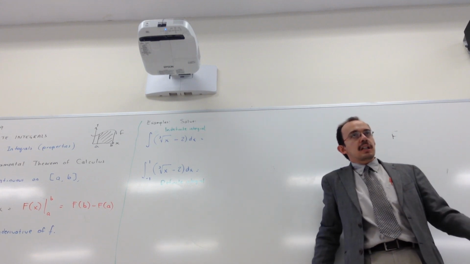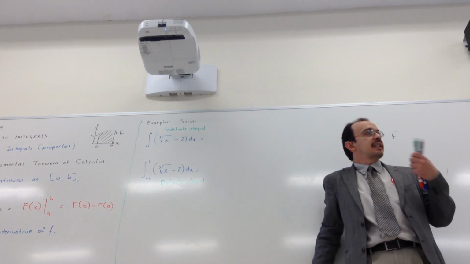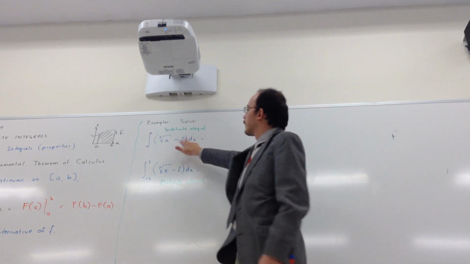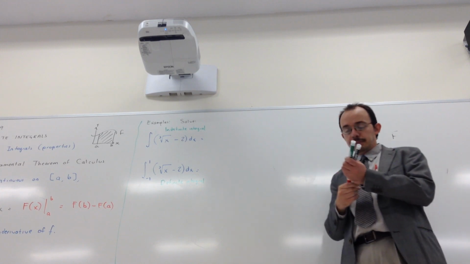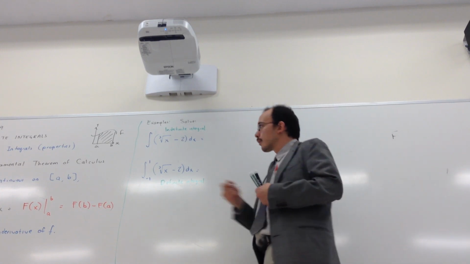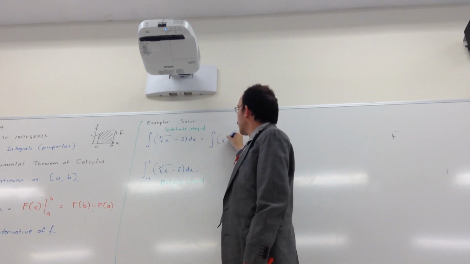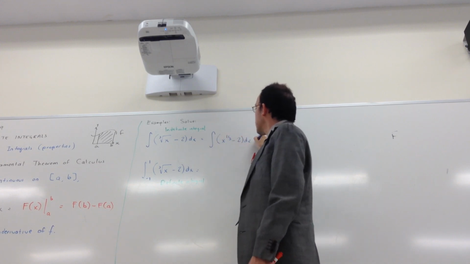And how do I solve that? The same way we have done so far, with the techniques, with the rules, with everything. So here, for example, I want to solve this. What do I do? First, I rewrite, so it's going to be the integral of x to the 1/3 minus 2 dx.